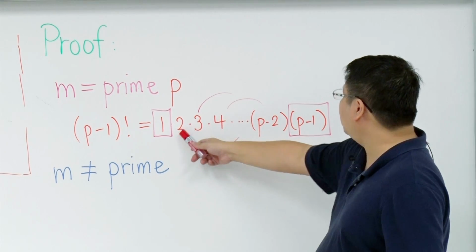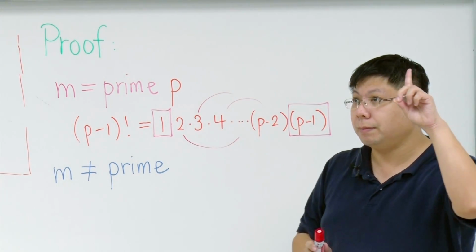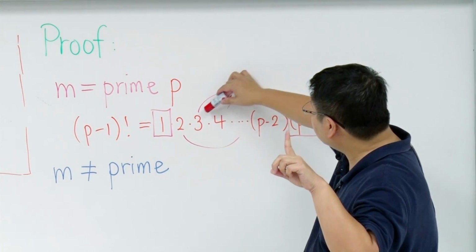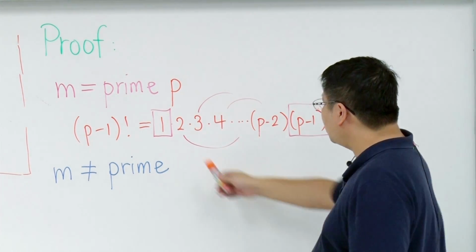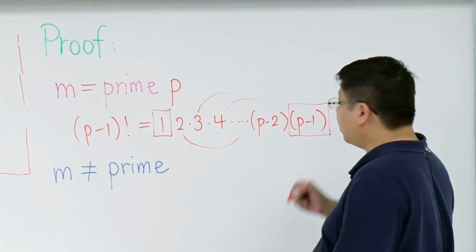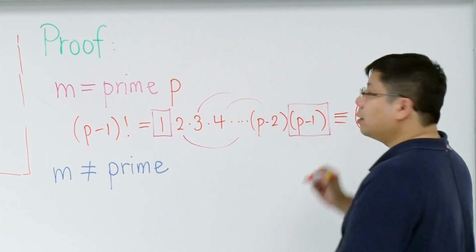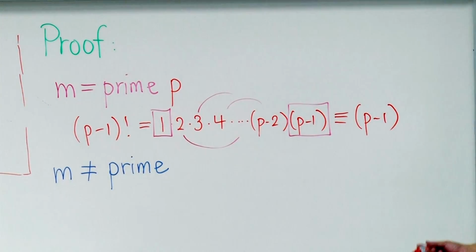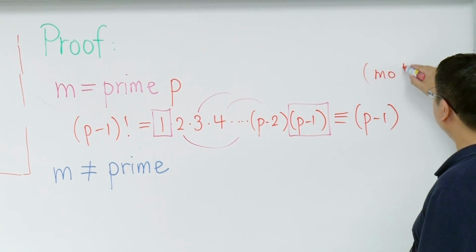All the other numbers form pairs such that when they are multiplied together, they become 1. Everything becomes 1, except this 1, there is no pairing, and except this p minus 1, there is no pairing. So this will be equal to p minus 1. Is that okay? So done. So we are talking about mod p arithmetic.